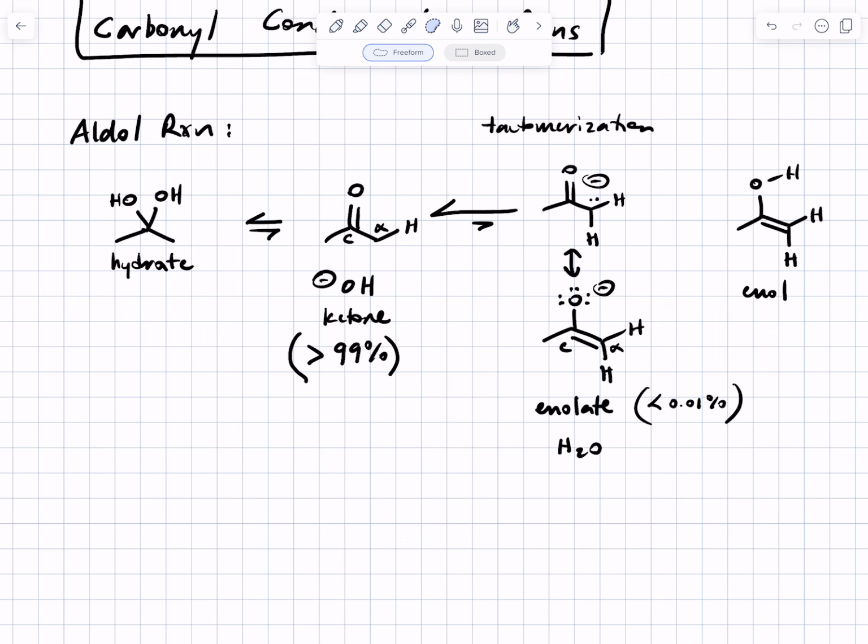Okay, so we're not saying a lot about the relative amounts of hydrate and enol and ketone. The ketone form is more stable than the enol form. We are taking a stand on how much enolate is present, which is to say not much. Now, the one thing we've been ignoring so far is that your ketone starting material is an electrophile, and your enolate intermediate is a nucleophile.